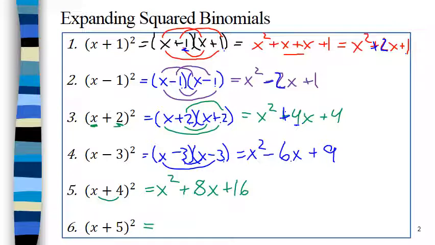And x plus 5, quantity squared. Go ahead and pause the video, try that on your own. And you should get x squared plus 10x plus 25. So we notice that this middle term is always twice as much as this term, and the last term is always this last term squared, and that's going to be important to remember in a moment.